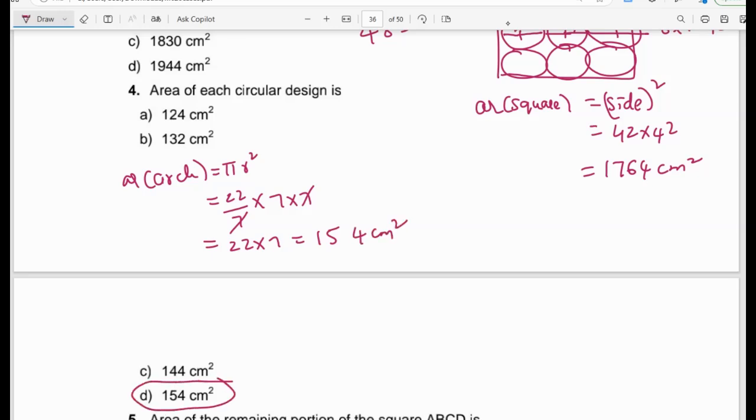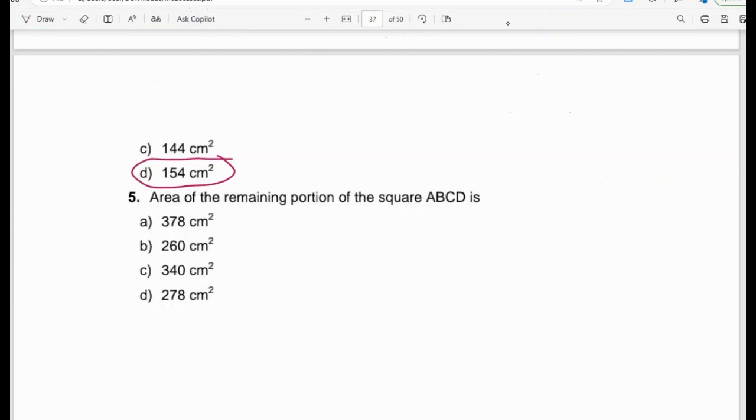Then moving on to the next question, it gives you the area of the remaining portion of the square. What is the remaining portion? To find the area of the remaining portion, we have to do area of the square minus 9 times the area of a circle. We have 9 circles, so that area we have to subtract from the square area.